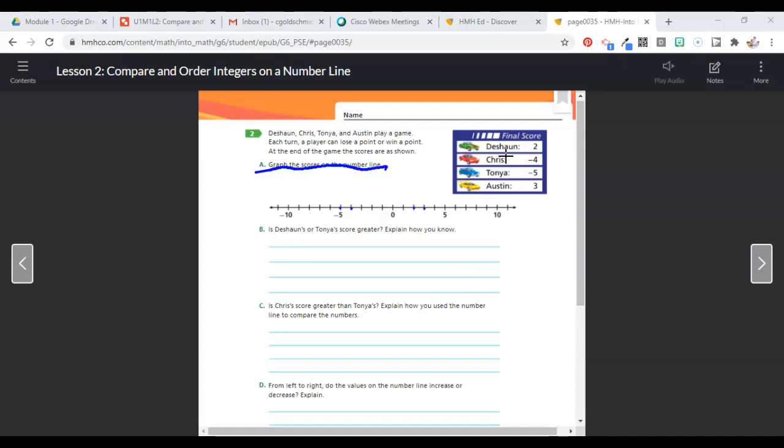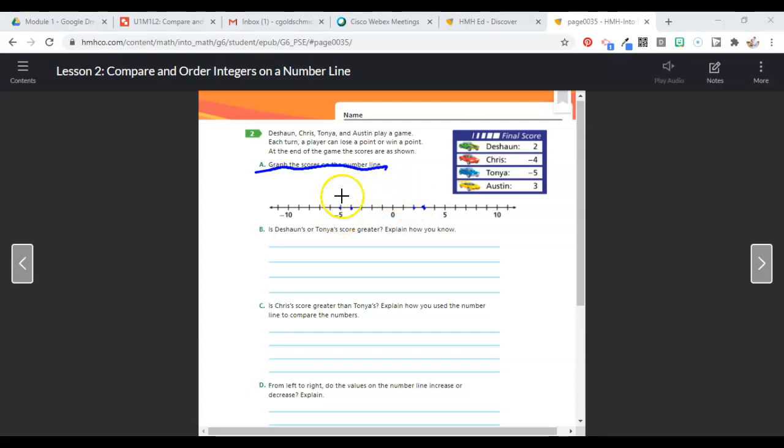Is Deshawn's or Tanya's score greater? So Deshawn scored 2. So Deshawn's all the way right here.